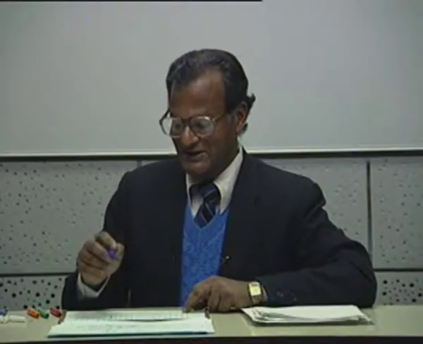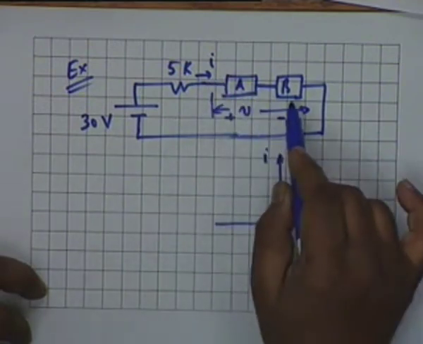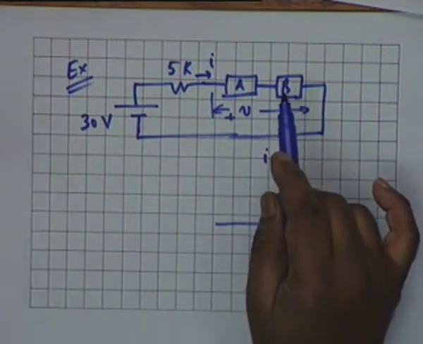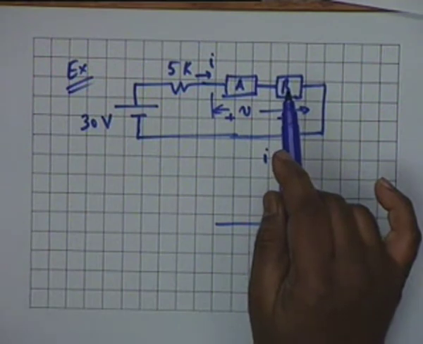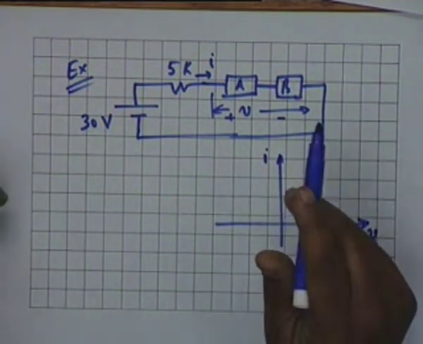Add the two graphs. You know I versus VA and you know I versus VB. So at a particular I we read VA and VB, add the two and plot a new point.